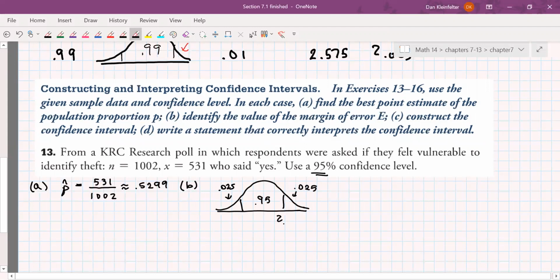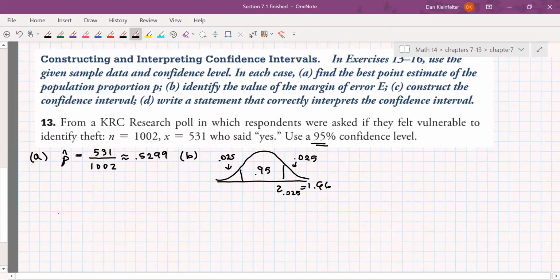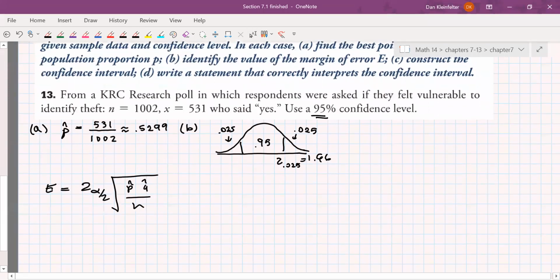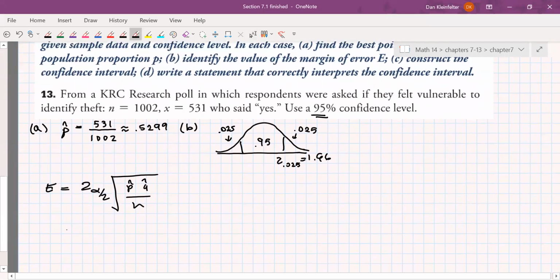That will give us a Z of 0.025, which was 1.96. The formula for margin of error was Z alpha over 2 times the square root of P hat Q hat over N. We just have to put in the information that we have in this particular example. So the Z alpha over 2, we saw right now was 1.96.